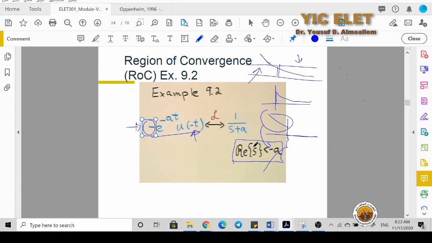The real part in the S domain is less than minus a, so it will be sigma plus a, and since this is less than 0, the entire thing is negative. Even though this goes crazy in the time domain, we could make it convergent using this sigma part.